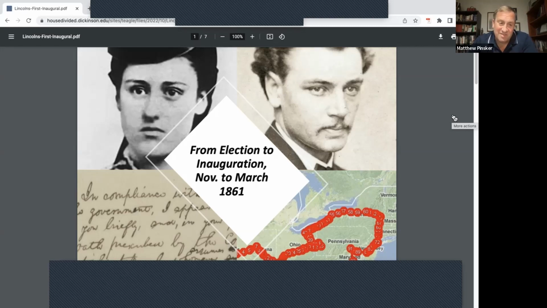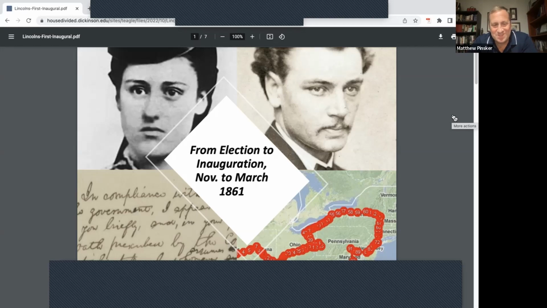An even better kind of footnote story that I think my students really appreciated was during the pre-inaugural journey, at one point, Abraham Lincoln gave his oldest son, Robert, who was a teenager about to go to Harvard, his satchel with printed copies of the inaugural address that was still in draft form. It wasn't finished, but he had several versions of it printed up.